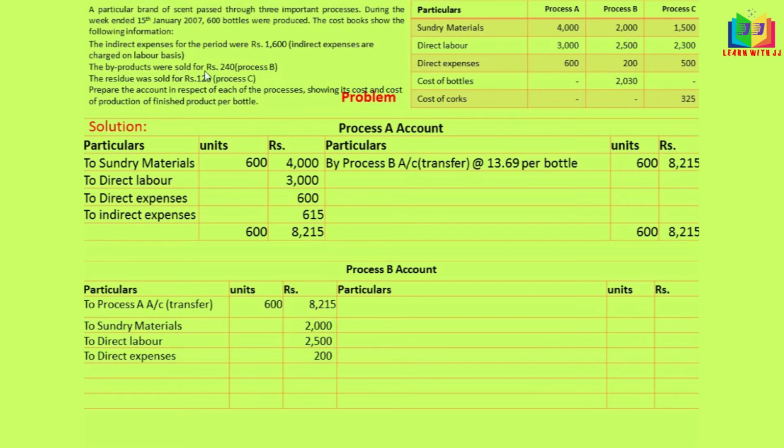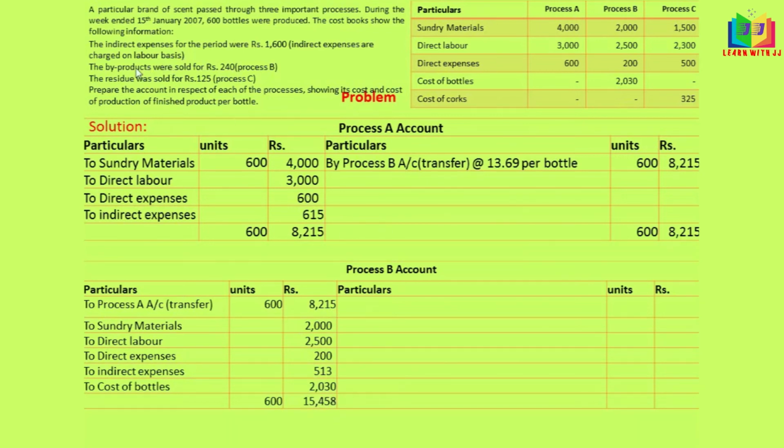And again we have to allocate this indirect expenses to process B, 1600 into, for B it is 25, so 25 divided by 78 will get 513 for process B account. And we have one more expense, that is cost of bottles, 2030. That also we have to write on the debit side. We finished writing everything, so I put the total here.